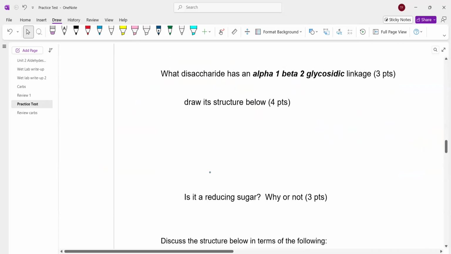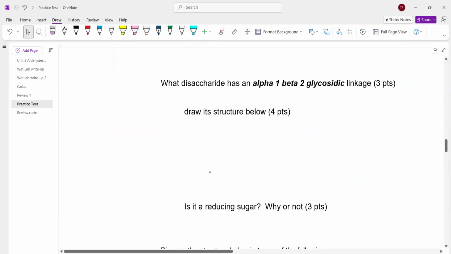Okay, so what disaccharide? Now remember, we know three monosaccharides: glucose, galactose, fructose. The disaccharides are maltose, lactose, and sucrose. So which disaccharide has an alpha 1, beta 2 glycosidic linkage?